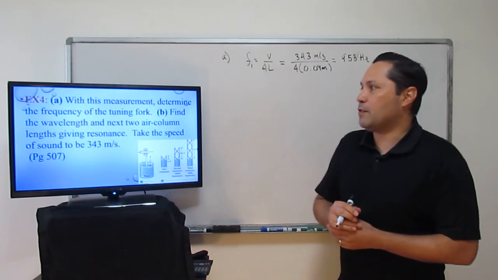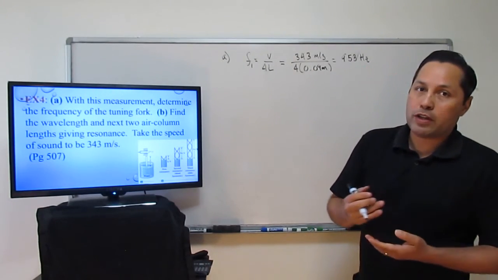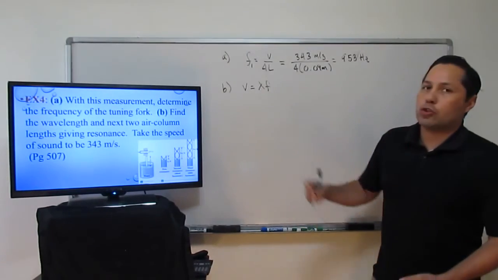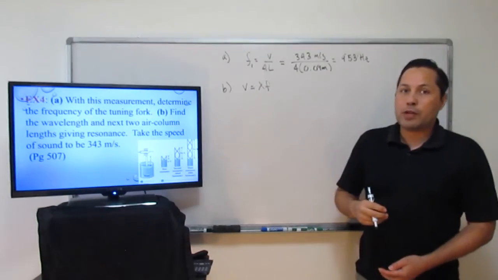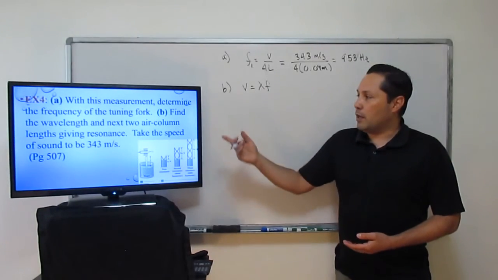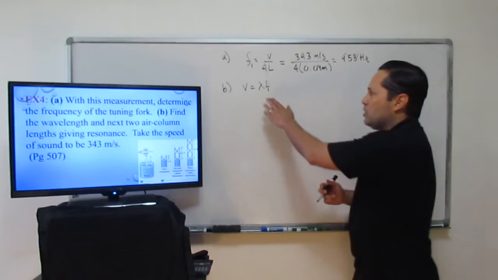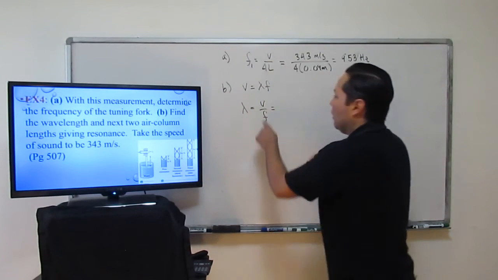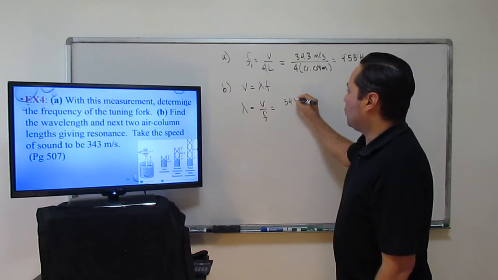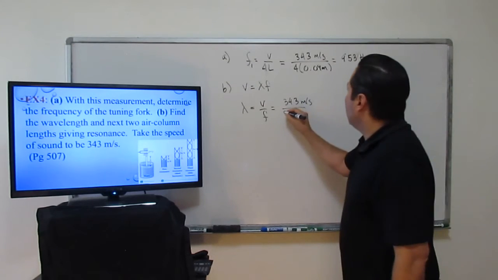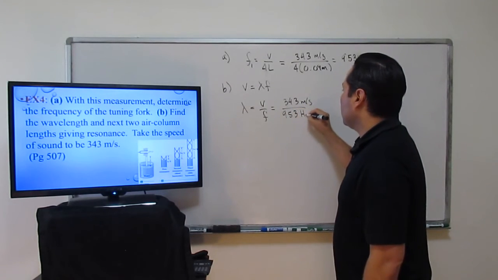So for part B, it says find the wavelength. All right, so what is the wavelength? For part B we're going to use this formula: velocity is equal to wavelength times frequency. We have the frequency, and we know the velocity of air, it is 343 meters per second. So it's going to be the velocity of air, 343 meters per second, divided by the frequency we just got, 953 hertz.